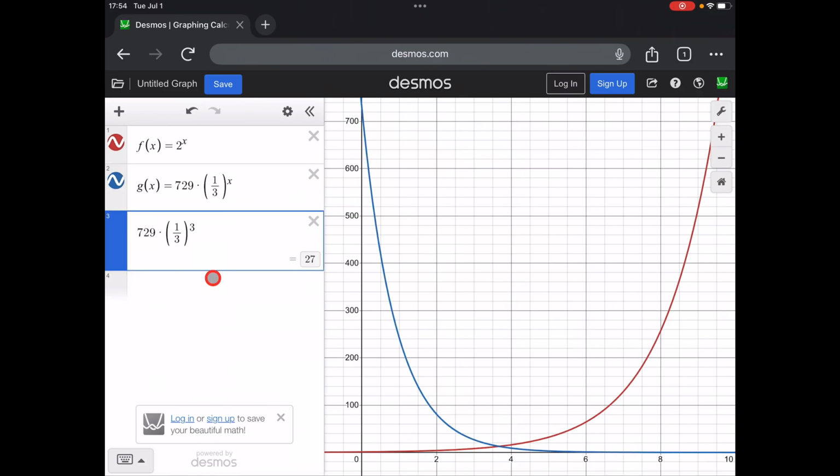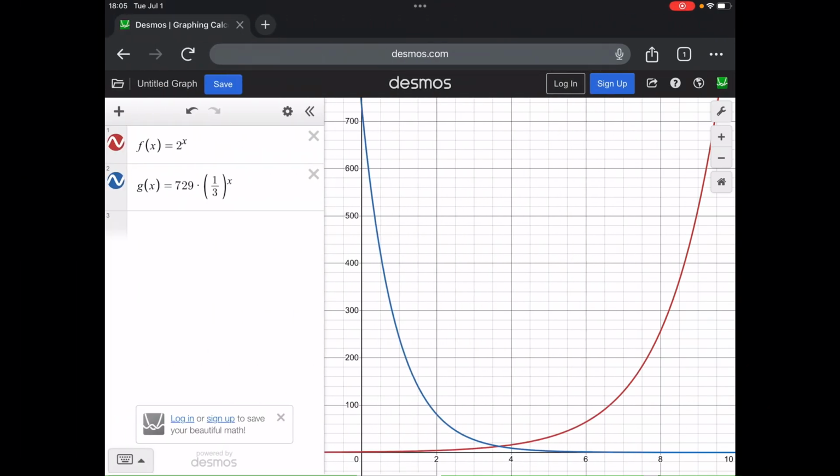Also, if we plug 3 into x, we can see that we are raising 1/3 to the third power, which is 1/27th, and multiplying that to 729, which is equal to 27, which is the answer that we just got.